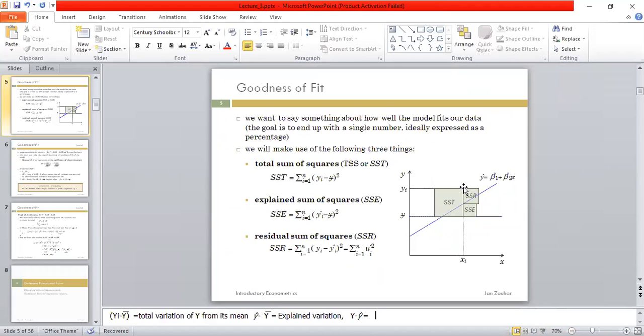One point here, yi. This is y bar. Yi minus y bar is the total variation of y from its sample mean. That total variation cannot be fully explained. Only one part of it can be explained by this line or by x. Which part? Y hat minus y bar is the explained variation. Y minus y hat is the unexplained part of the variation.